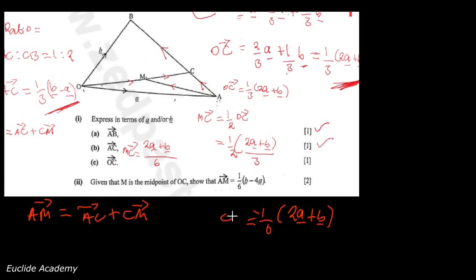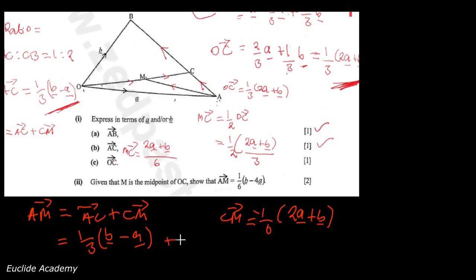We can now find the vector AM by adding the vector AC. What is AC? We found the vector AC to be 1 over 3 multiplied by (b - a), plus the vector CM, which is of course a negative, so we won't need the plus here.